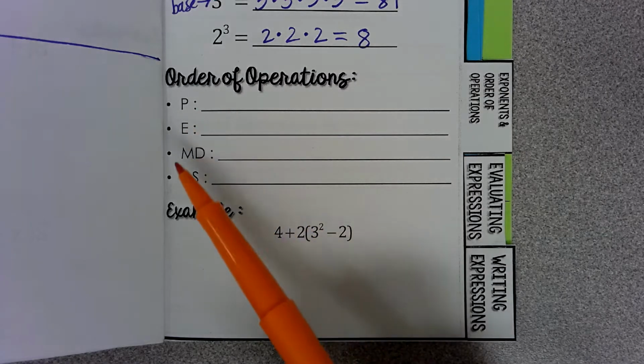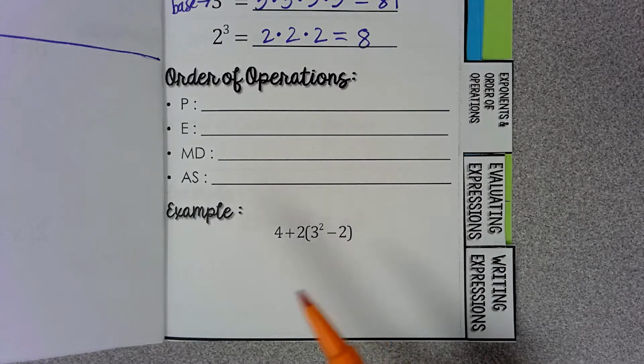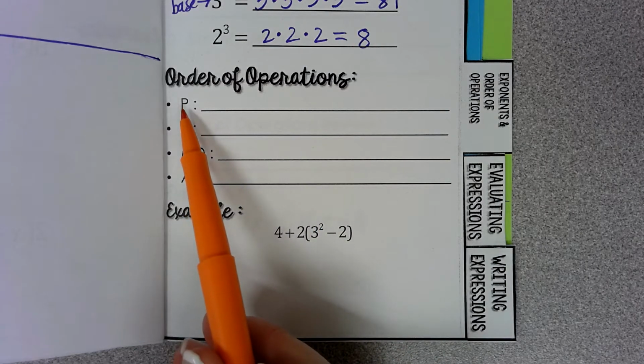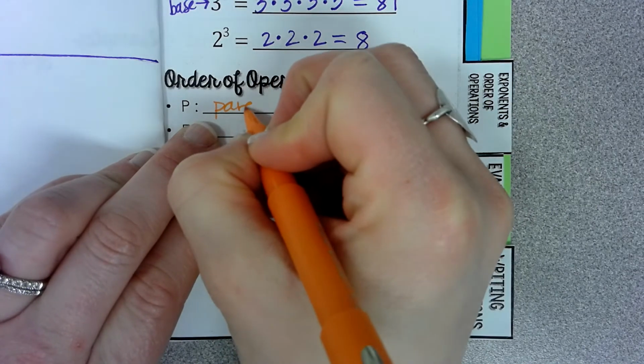But what PEMDAS, or order of operations, does is it gives us a specific order to follow when we're solving a type of equation with mixed operations going on, so that we all solve it in the same way and get the same answer. Because there's tons of different answers that we could get with these mixed problems. So what we do is P is our first step. That means solve everything in parentheses first.